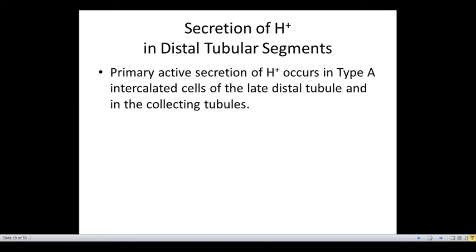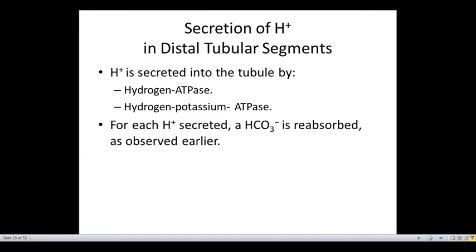Primary active secretion of hydrogen ions occurs in type A intercalated cells of the late distal tubule and in the collecting tubules. Hydrogen ion is secreted into the tubule by number 1, hydrogen ATPase, and number 2, hydrogen potassium ATPase. For each hydrogen ion secreted, a bicarbonate ion is reabsorbed as observed earlier.